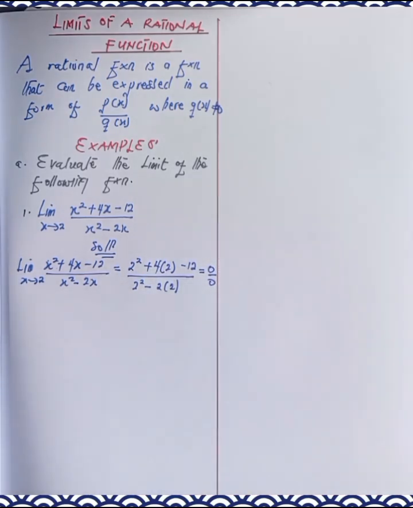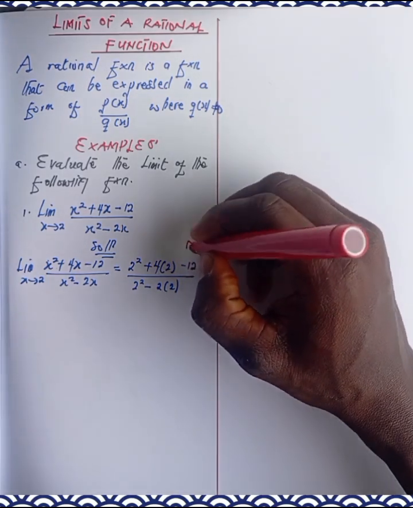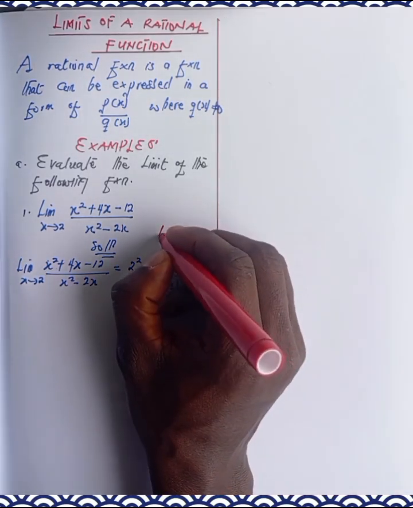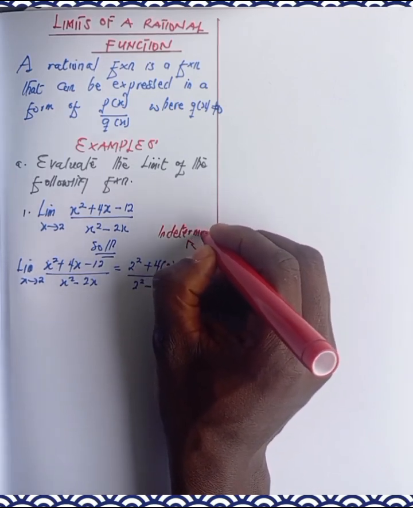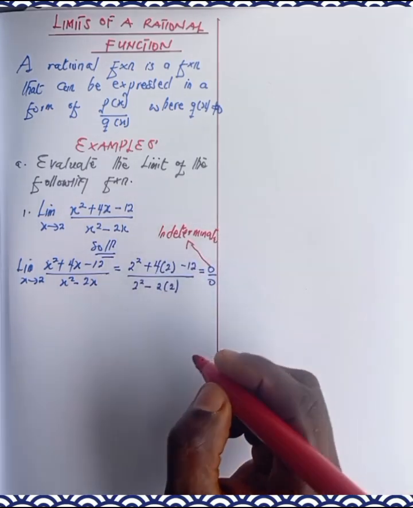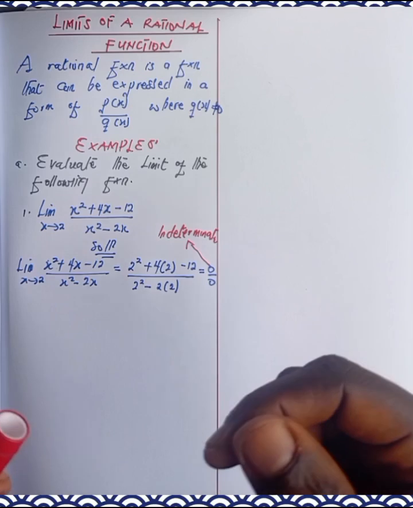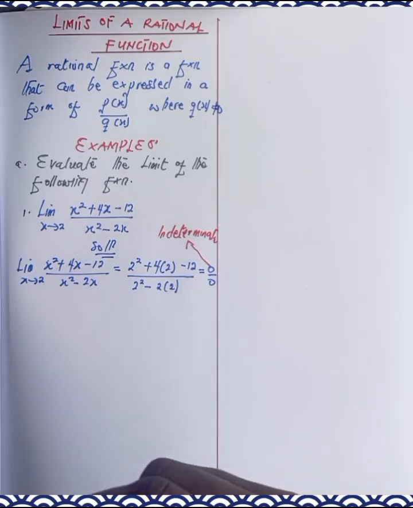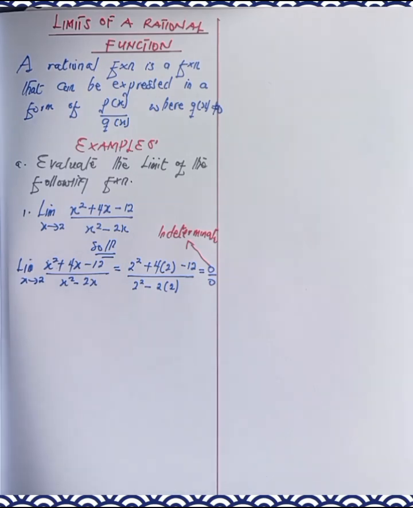Now 0 over 0 is what we term as the indeterminate form, which is telling us that we have to massage the function in order for us to achieve our limit of the function.